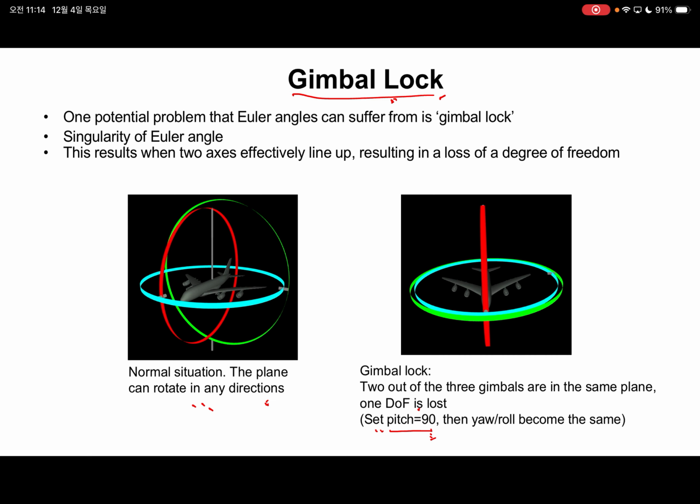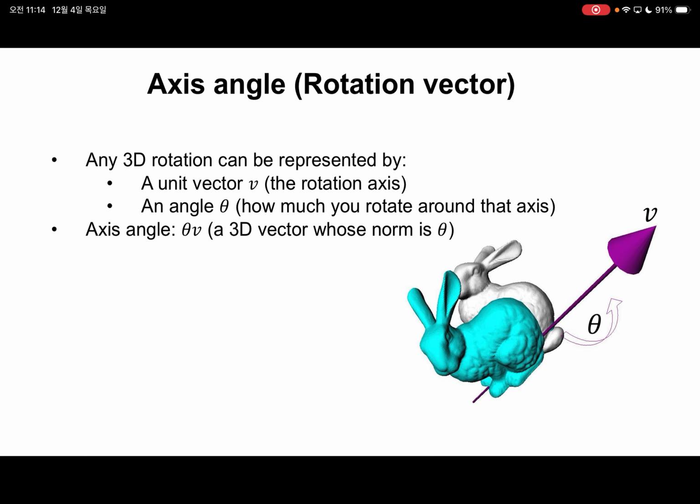So this is Euler angles, and axis angle is another representation. The axis angle comes from this motivation: any 3D rotation can be represented by a unit vector v, the rotation axis, and an angle theta, how much you rotate around the axis.